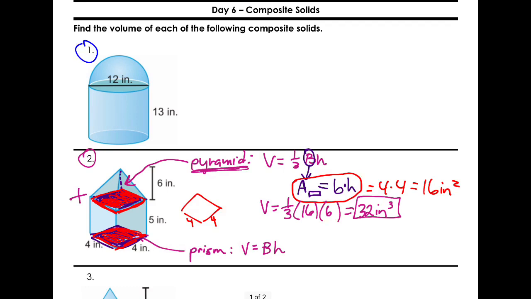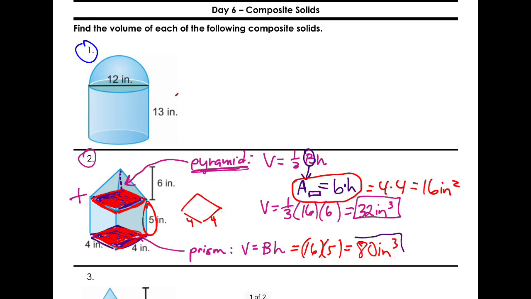So we already found big B, because they have the same big B. Our volume for the prism is big B, which is 16, times the height of that rectangular prism, how tall it is on the side, which is 5. So 16 times 5 is 80 inches cubed. So remember, don't be a sucker.